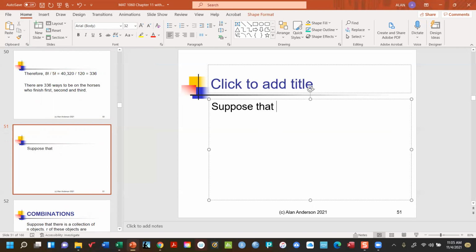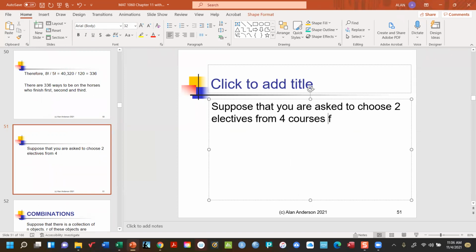Suppose that you are asked to choose 2 electives from 4 courses for the spring semester. And you'll assume that they all fit in your schedule, of course.